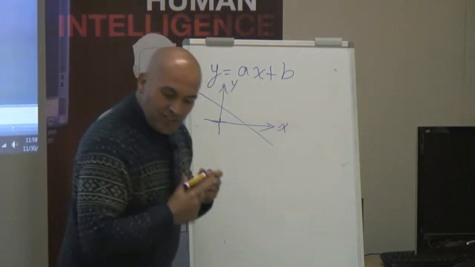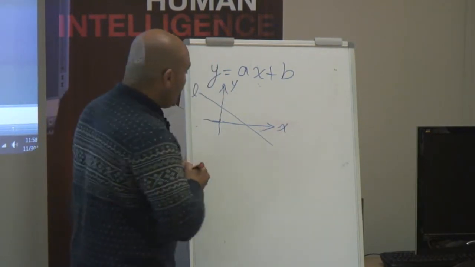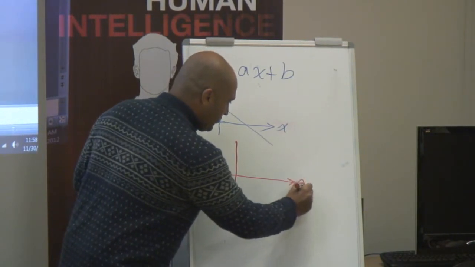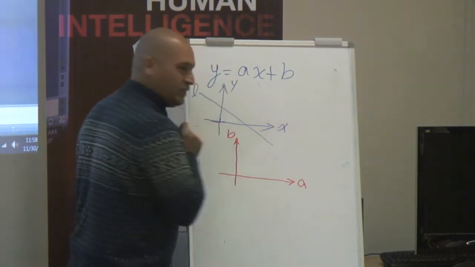If we go to another space, let us call this the a-axis and this the b-axis.